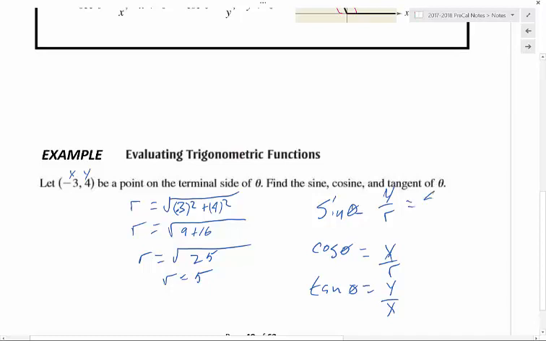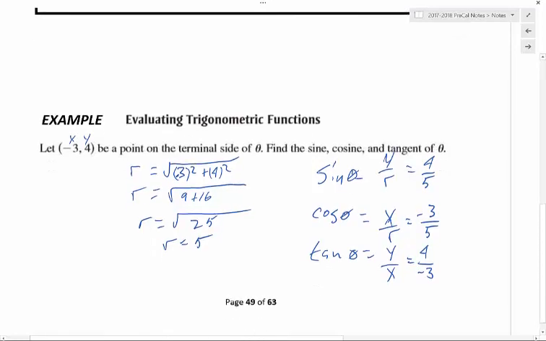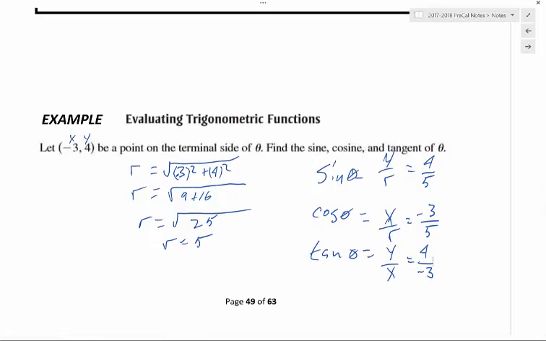So the sine will be 4 over 5. The cosine will be -3 over 5, and the tangent will be 4 over -3. So once again, I had x and y, I find r, and then I just use the definitions to find those trig functions.